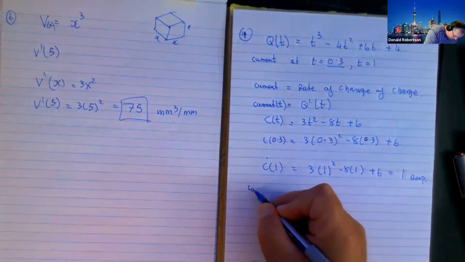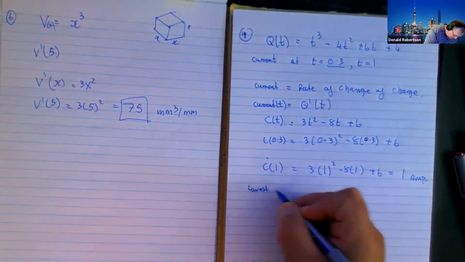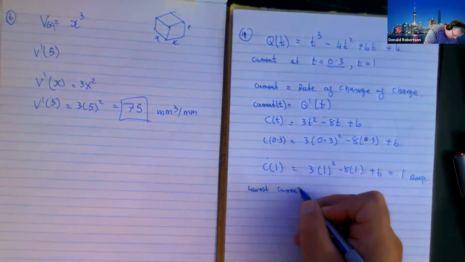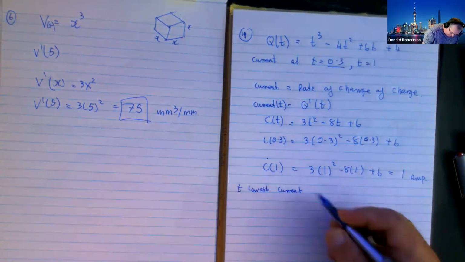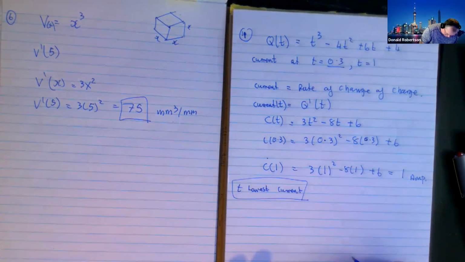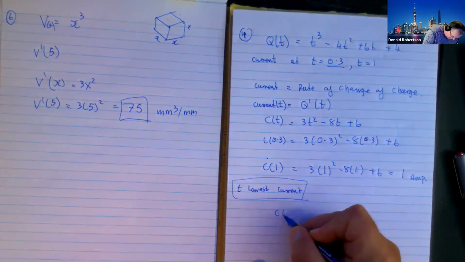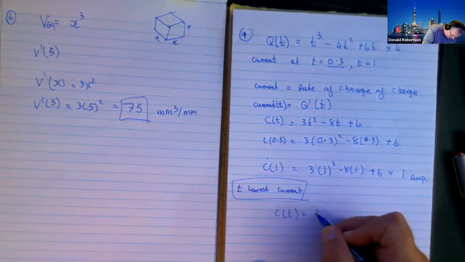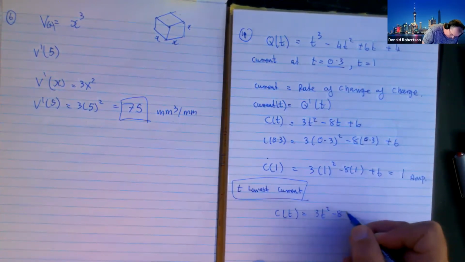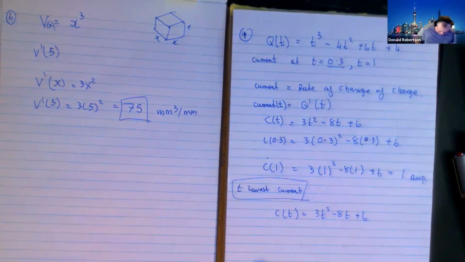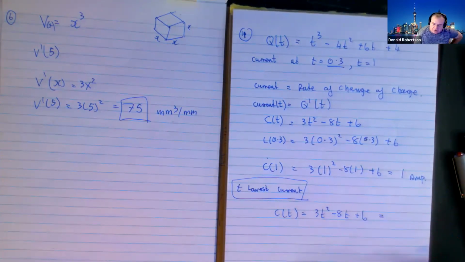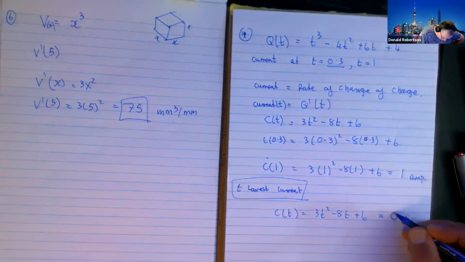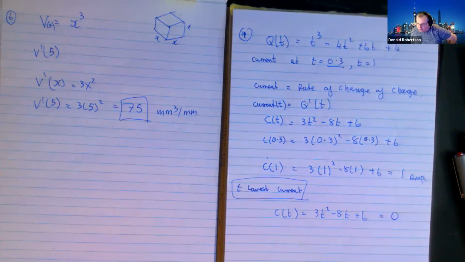So the question is, at what time do you get the lowest current? Well, the current is 3t squared take away 8t plus 6. And I'm going to make an assumption here, which better be true or I'm in trouble. Would you agree that the lowest current you can get is no current at all? No one has invented negative current yet.